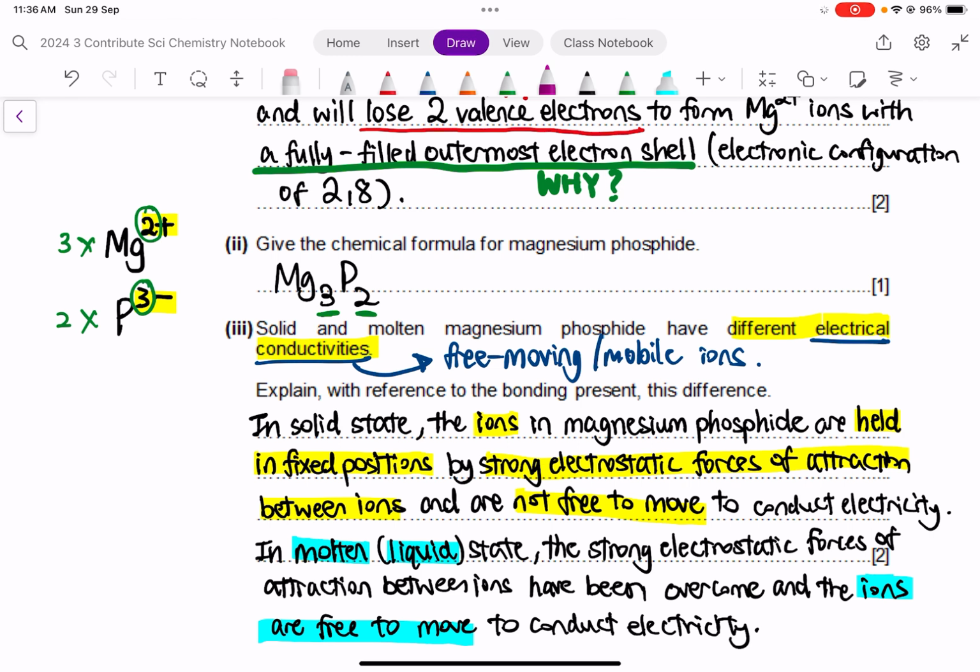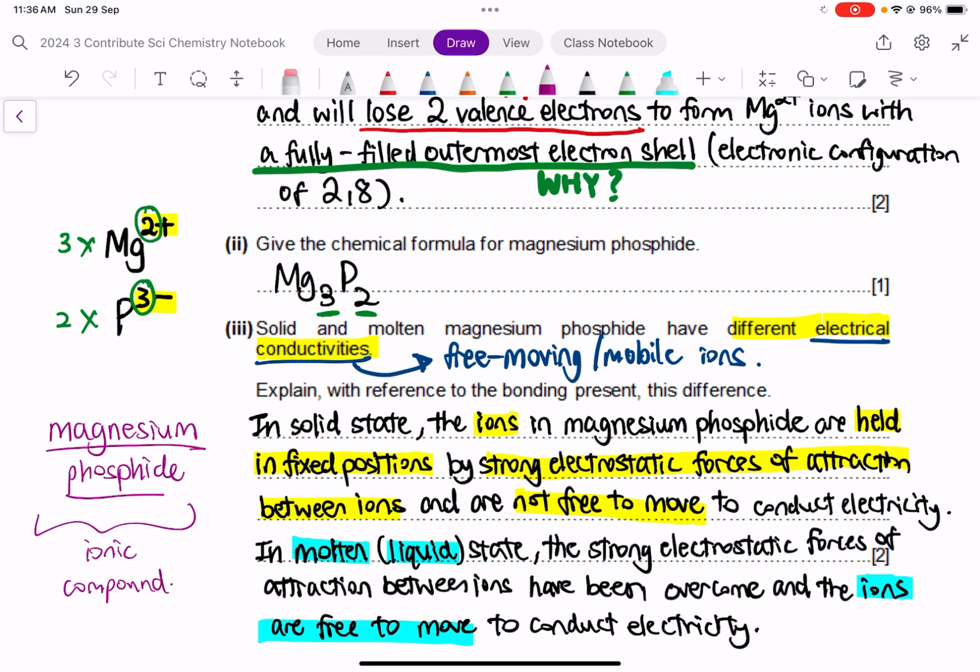And just a reminder, magnesium phosphide must be an ionic compound. We are able to deduce this because magnesium is a metal, phosphorus is a non-metal.